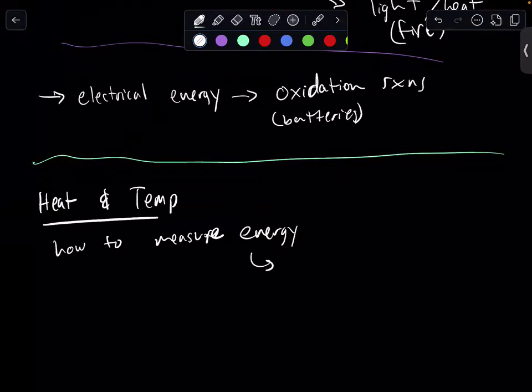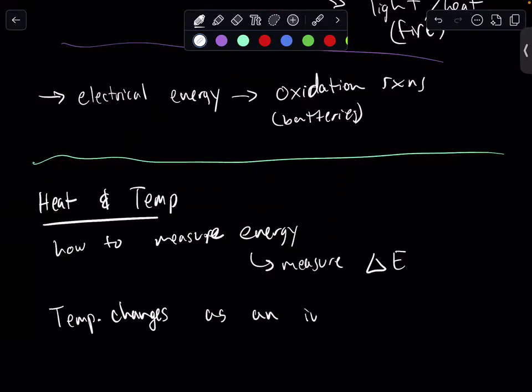We usually measure change in energy. And even so, that's a little hard to quantify as well. So what we do is that we use temperature change as an indicator of heat transfer.